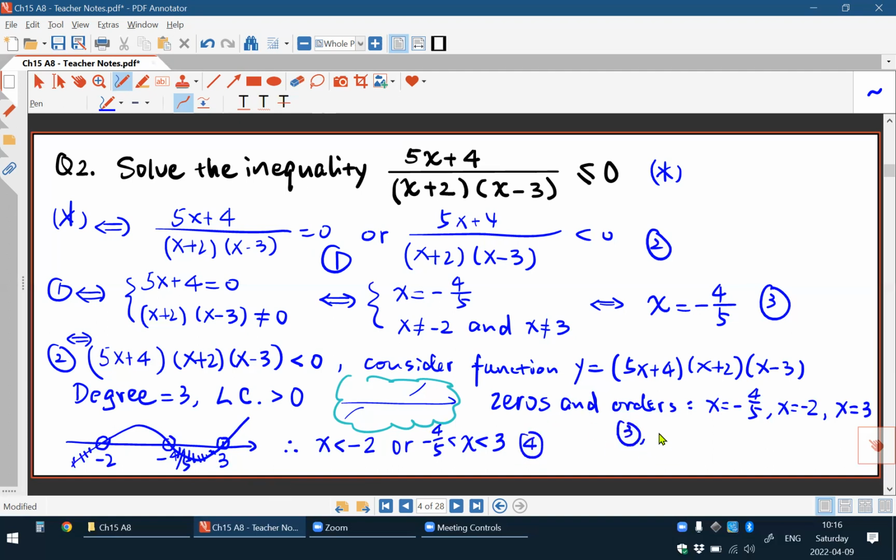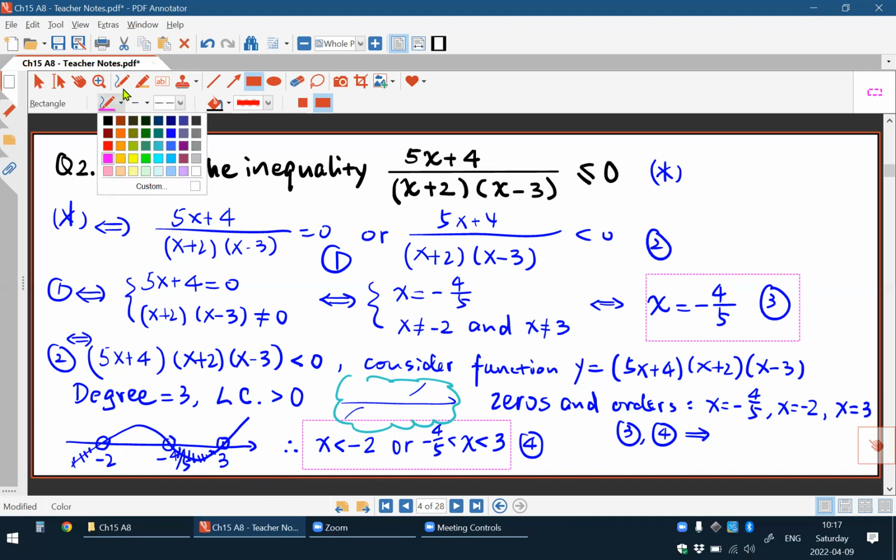And actually, for its final solution, we need to consider both the solution to the equation here and the solution of the inequality here.